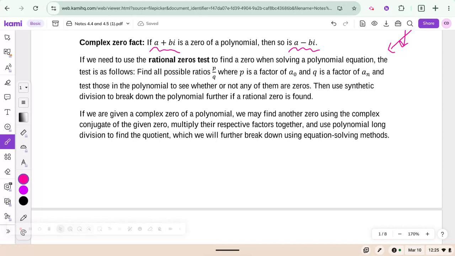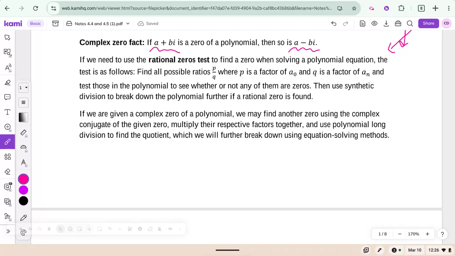All right, so another fact, probably the most complicated part of this lesson, is something called the rational zeros test. If we're trying to solve a polynomial of a higher degree, this is a method that is used to find the zero when factoring is not feasible.